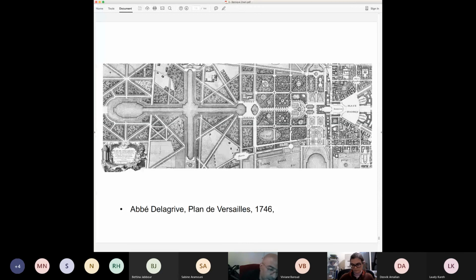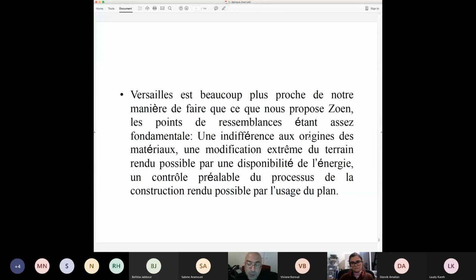And this is the plan of Versailles, and you see it's completely architectural in nature. In reality, Versailles is much closer to the way we do things.